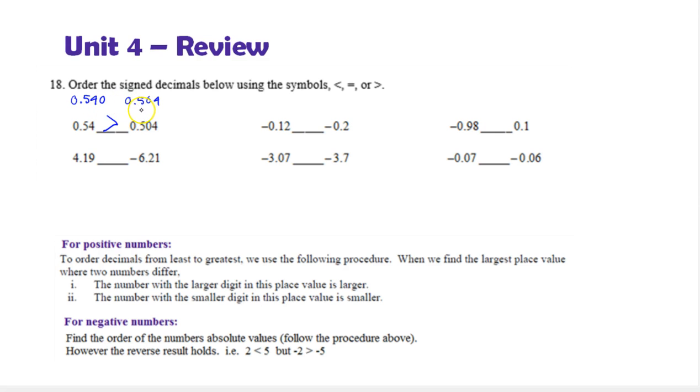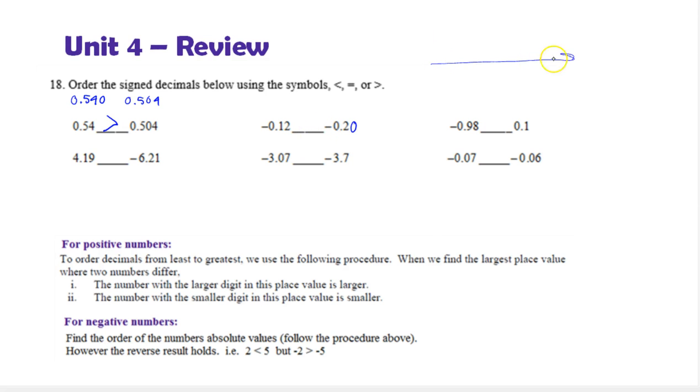Write them with the same number of decimal places and then compare the numbers as if they were whole numbers. Looking at the next one, we have negative 0.12 and negative 0.2. I'm going to tack a 0 on this so they have the same number of decimal places. Now we know 20 is bigger than 12, but notice both of these are negative.